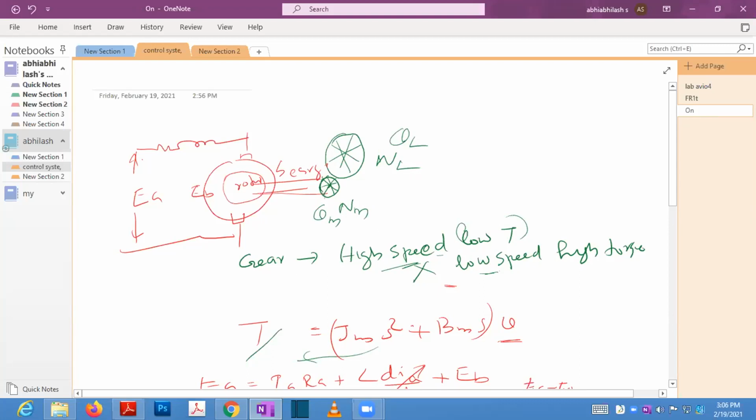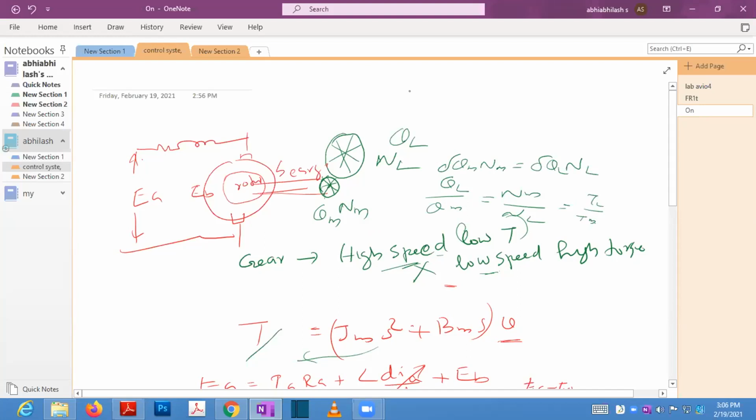So this rotation, if it is rotated delta theta m into Nm, that is equal to delta theta L into NL. So theta L upon theta m equal to Nm divided by NL, that is equal to TL upon Tm.